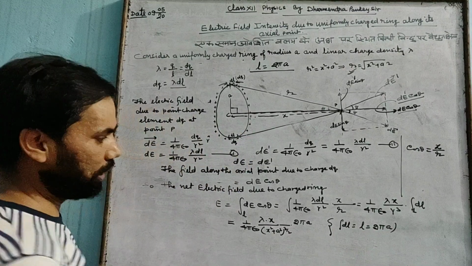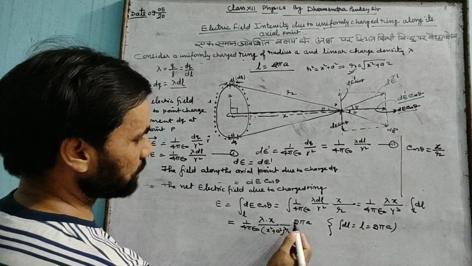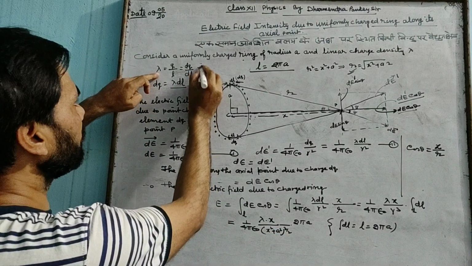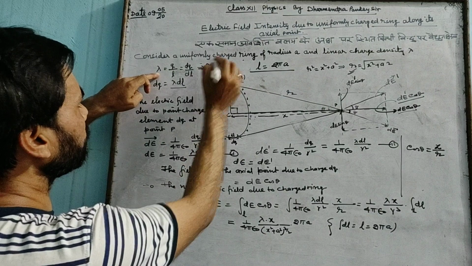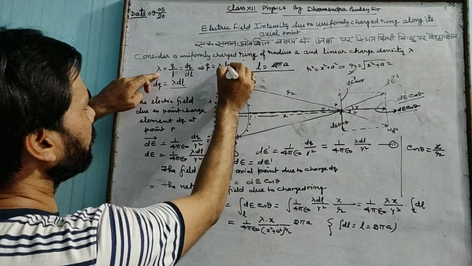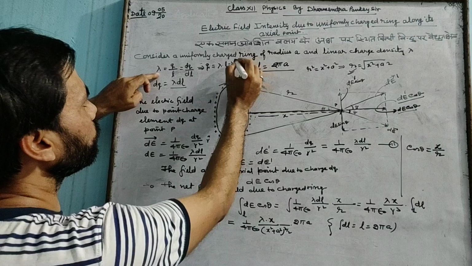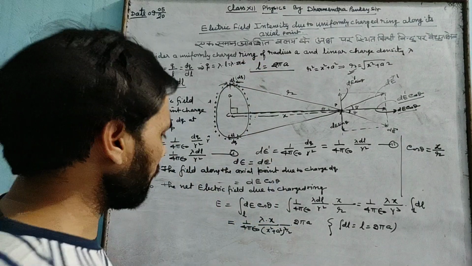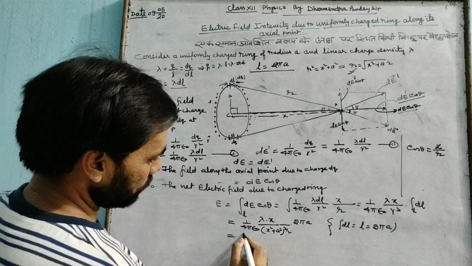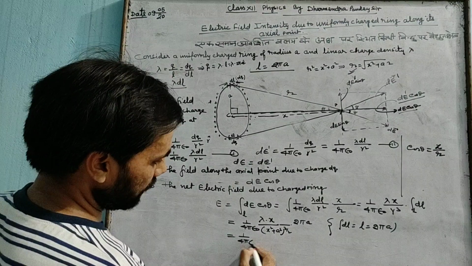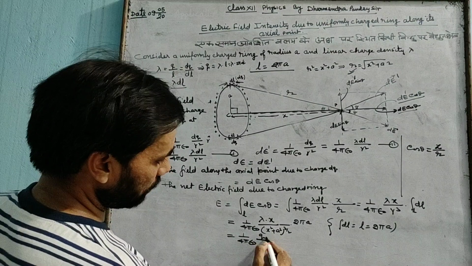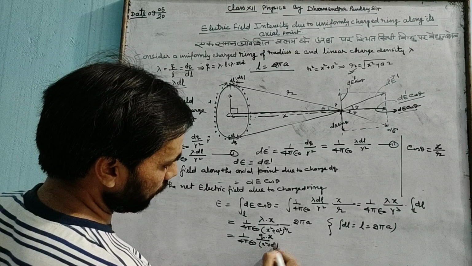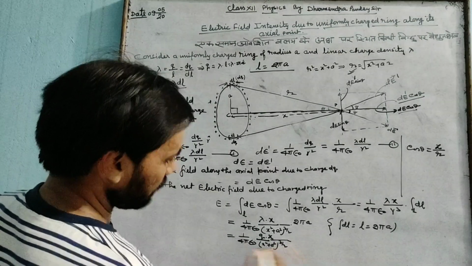So we have here, this implies that q can be written as equal to lambda into L, that is lambda into 2 pi a. Okay, so in place of lambda into 2 pi a, we can write this as 1 upon 4 pi epsilon 0 q into x upon x square plus a square whole raised to the power 3 by 2.